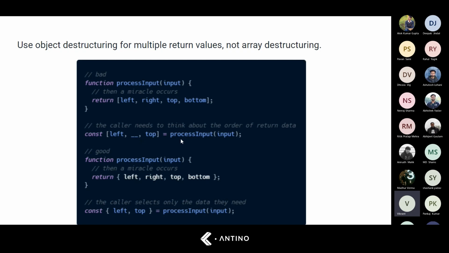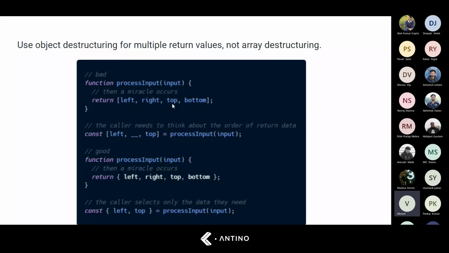The user will have to take care of the order of the returned data. In the bad approach, you can see we are returning an array of left, right, top, bottom. But when we call this function and destructure the return value, you will have to take care of the order of the returned values.